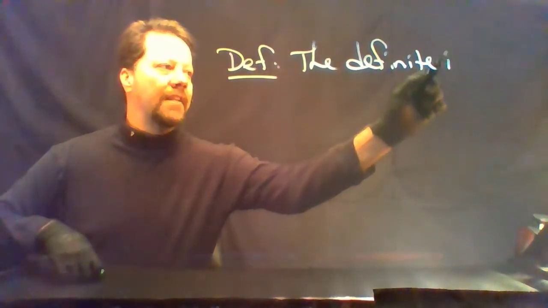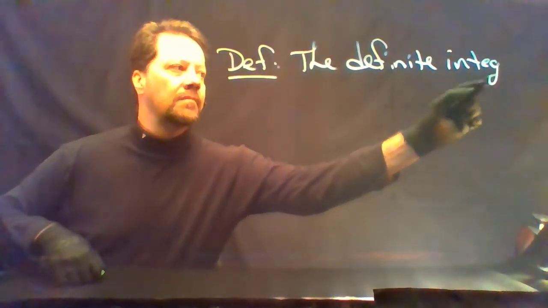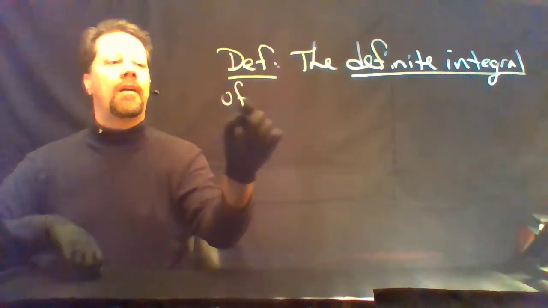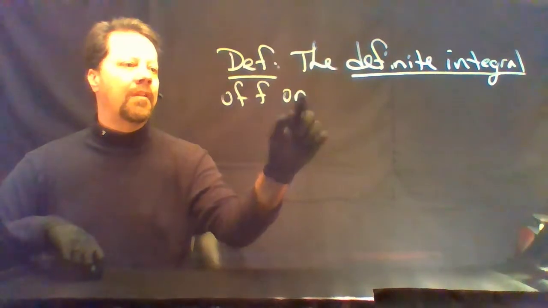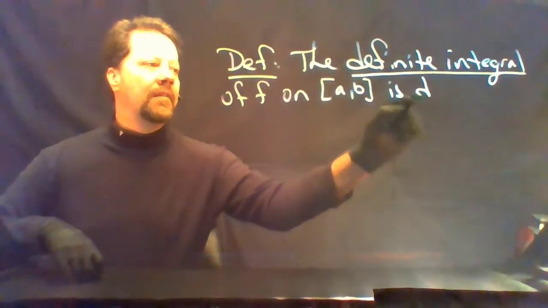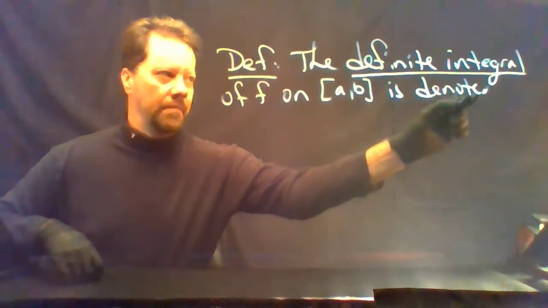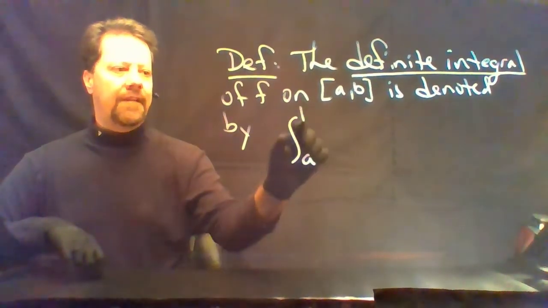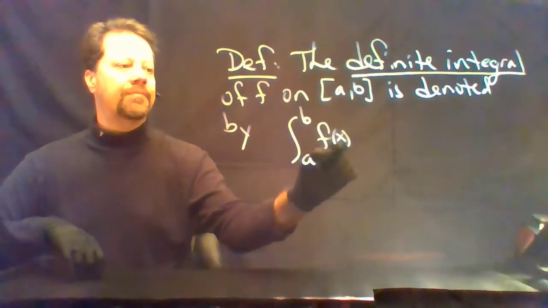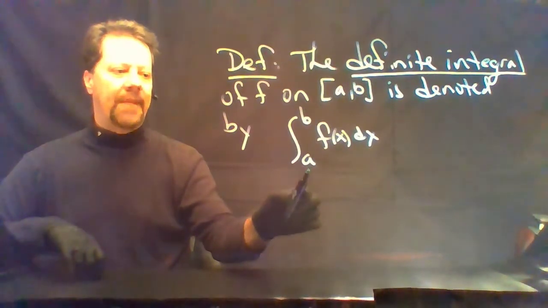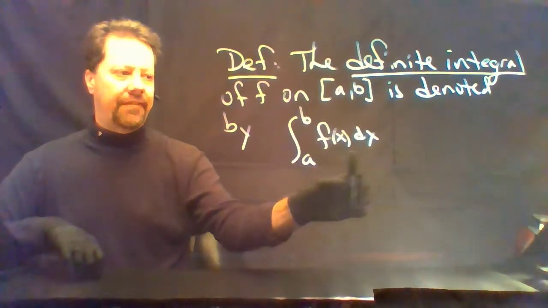The definite integral of the function f on the interval ab, first of all, it's denoted by the following sequence of symbols. We say the integral from a to b of f of x dx.